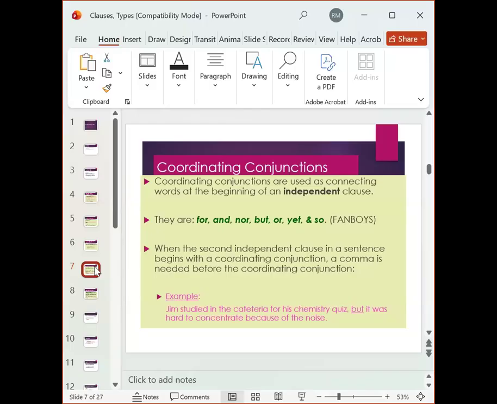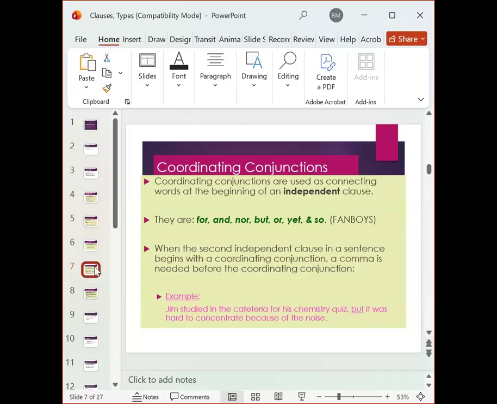Now, we have because of the noise attached to it to give us a reason. So because of the noise, it was hard to concentrate is the other side of the sentence, the independent clause that has been joined with the first one.